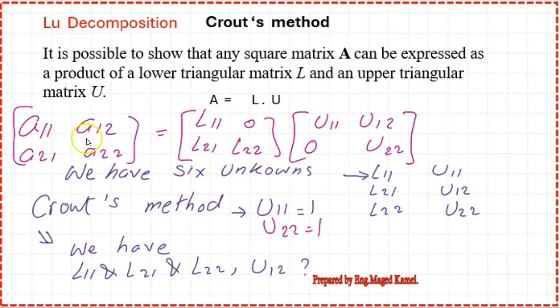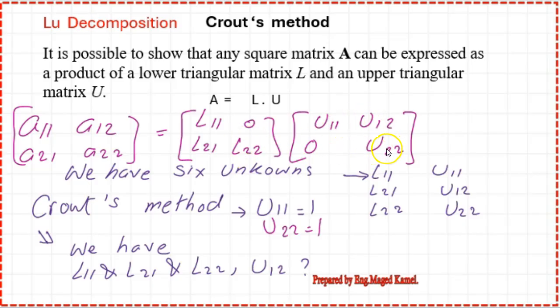So if we express the matrix A as A11, A12, A21, A22, we let it be equal to the lower matrix, which has L11, 0, L21, and L22, multiplied by the upper matrix. The upper matrix can be expressed as U11, U12, 0, and U22.